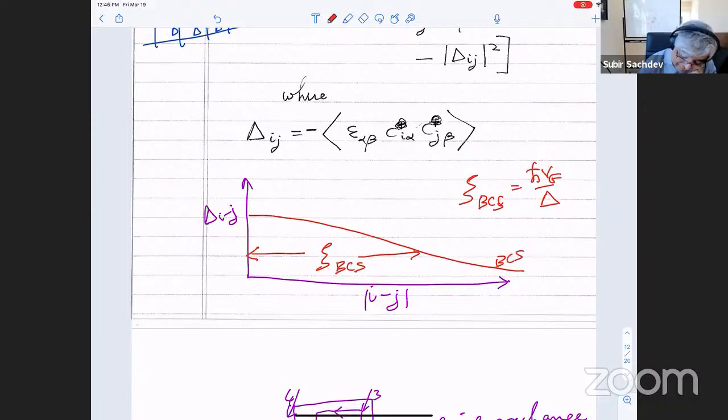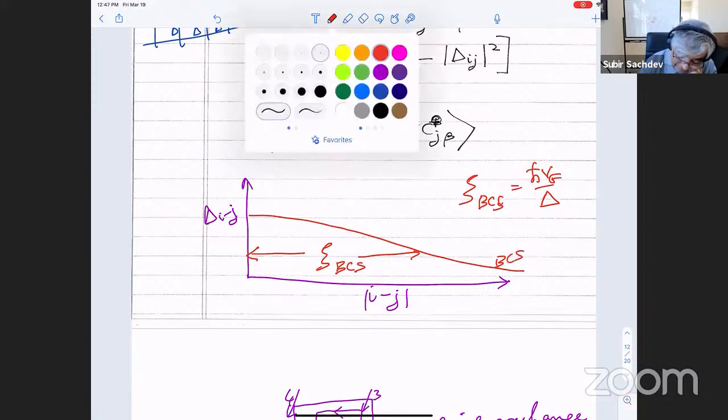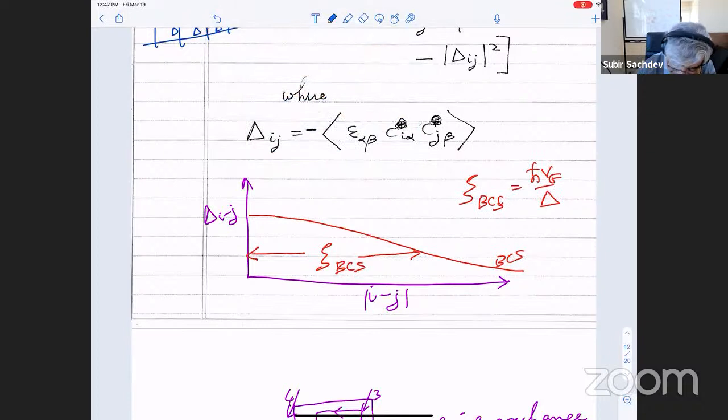But for a D wave, it looks slightly different, at least in the cuprates. It vanishes at the origin because of the angular momentum part. Those are discrete numbers, but let me just draw it continuous. And it looks something like this. It has a much smaller coherence length.